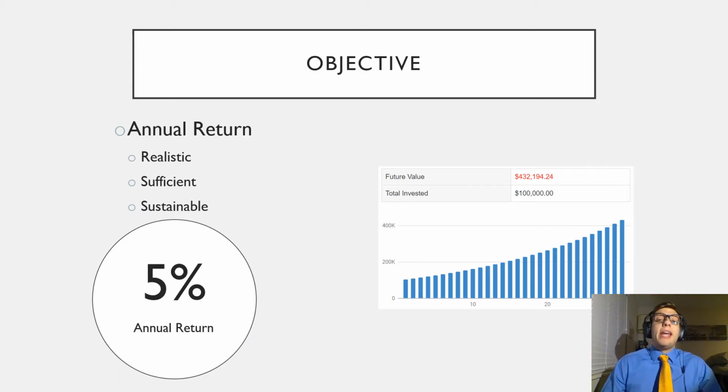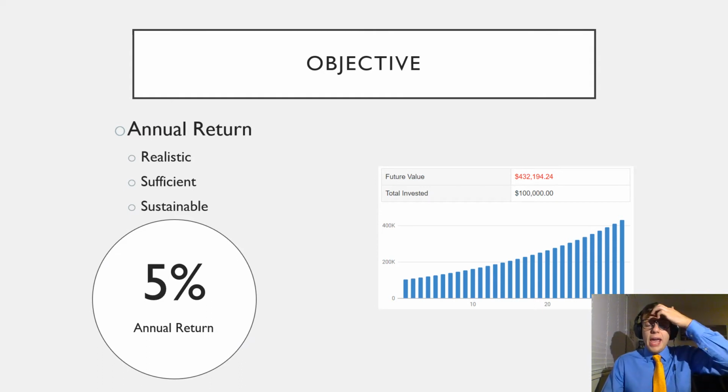In looking at an annual return that I wanted to be a benchmark, it had to be realistic. I would love to double my money every month of every year for the 30 years, but unfortunately that is virtually impossible. I chose 5% because getting 5% back every year for the 30 years is sufficient for my goals.